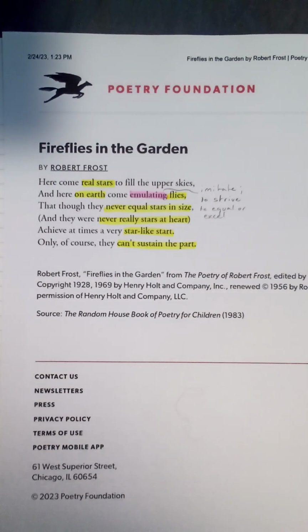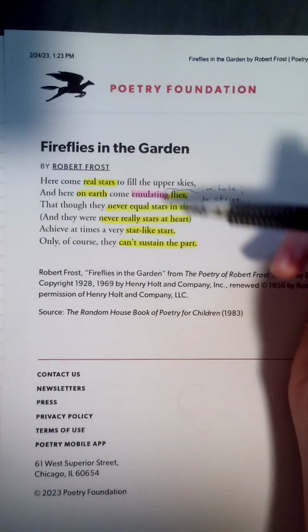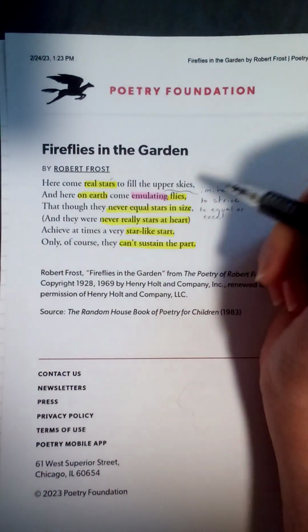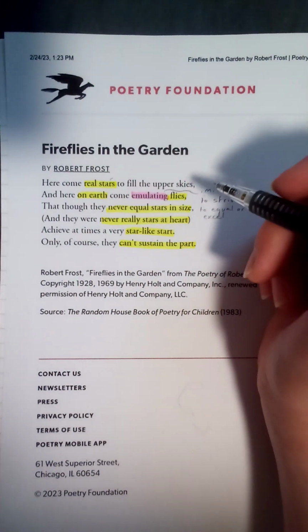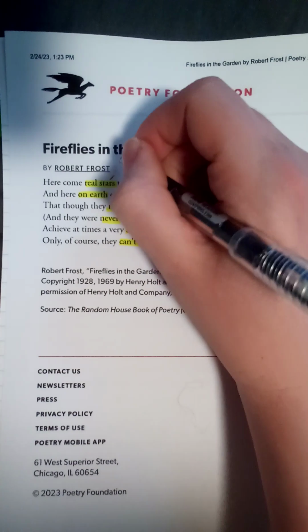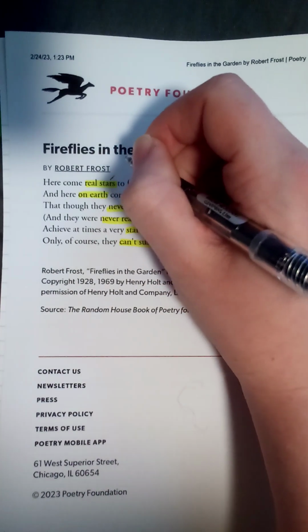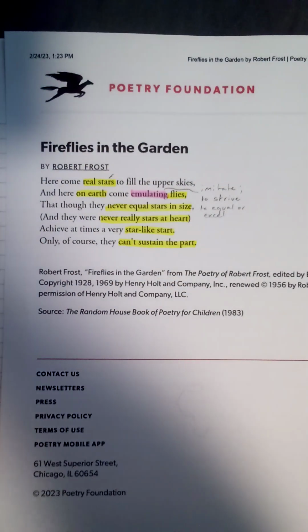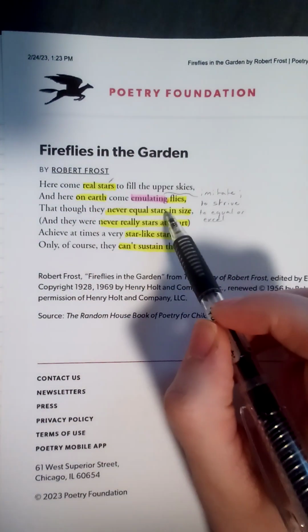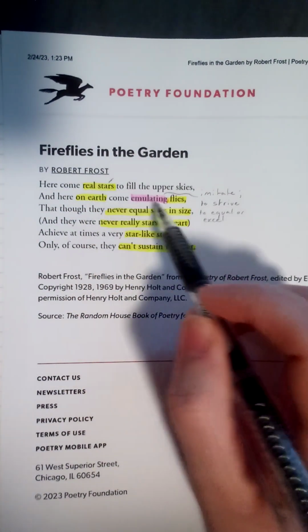Alright, so then what I do after I've highlighted everything is I add some annotations for each of the highlights that I've made. So here for real stars, I'm going to write some characteristics of real stars, because we've determined that we're comparing flies to stars here.